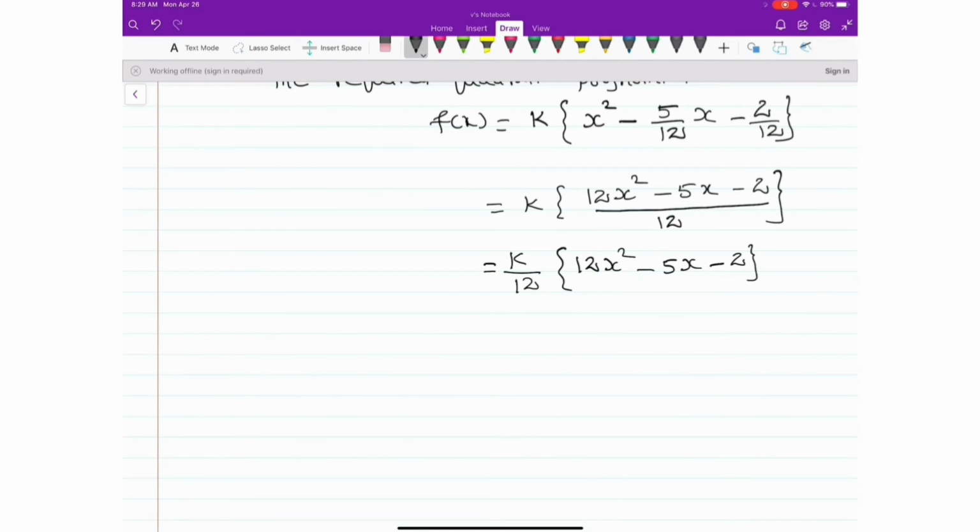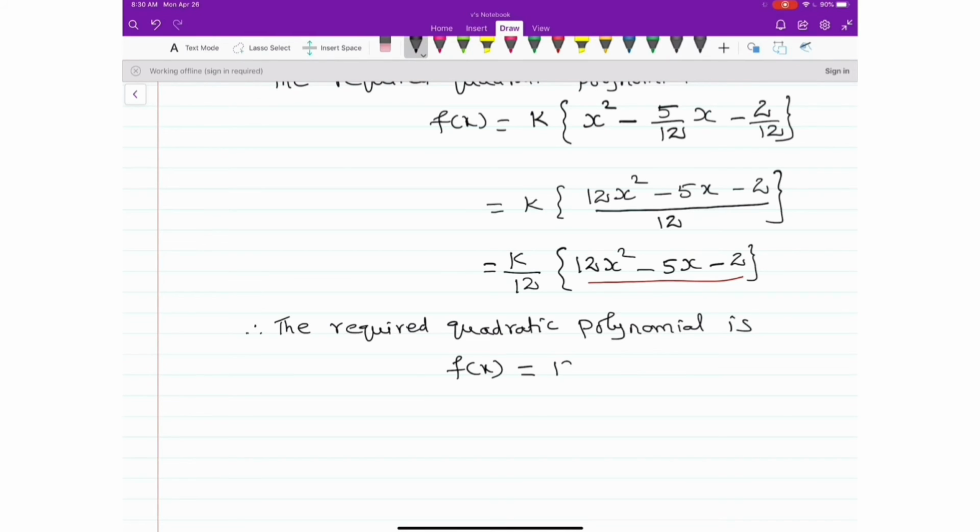As I told you, the required quadratic polynomial is just write this quadratic polynomial. So, we will be getting, therefore, the required quadratic polynomial is f of x is equal to 12x square minus 5x minus 2.